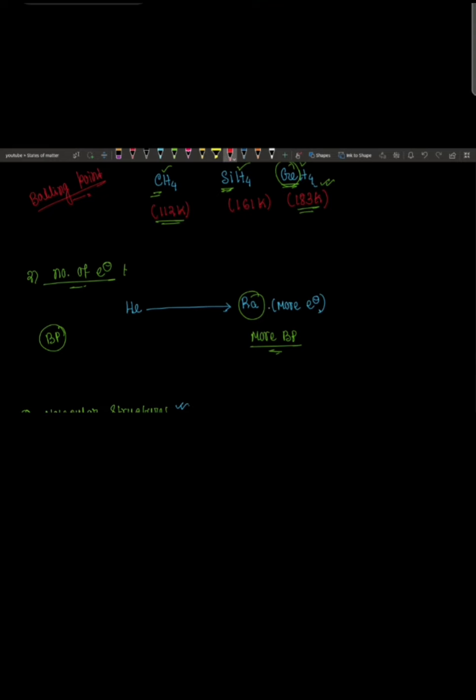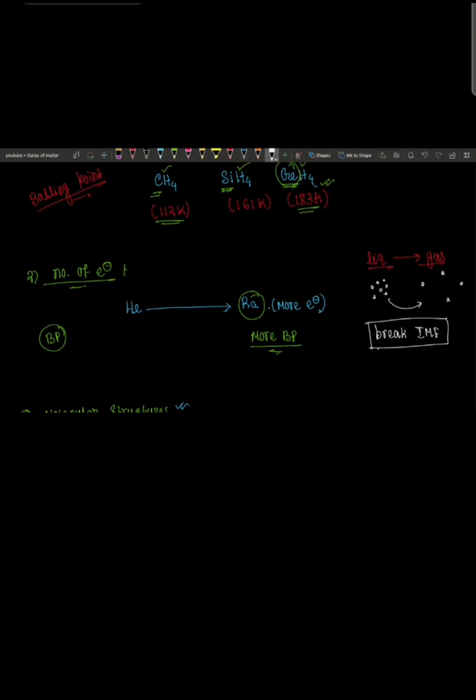What are we trying to do when we are trying to convert a liquid into a gas? In the liquid, the molecules are very close to each other. But when you talk about gases, the molecules are far away from each other. So definitely we are trying to break the intermolecular forces when we are heating something.